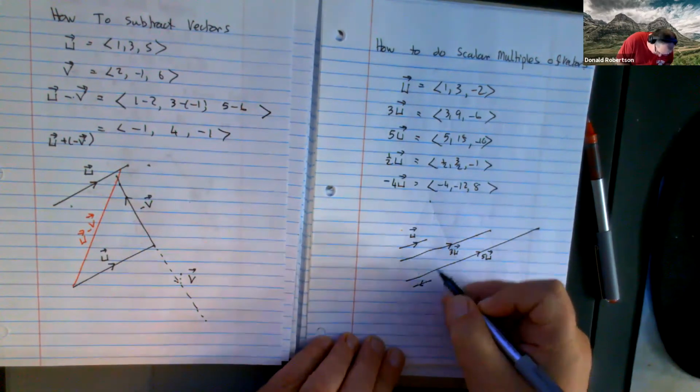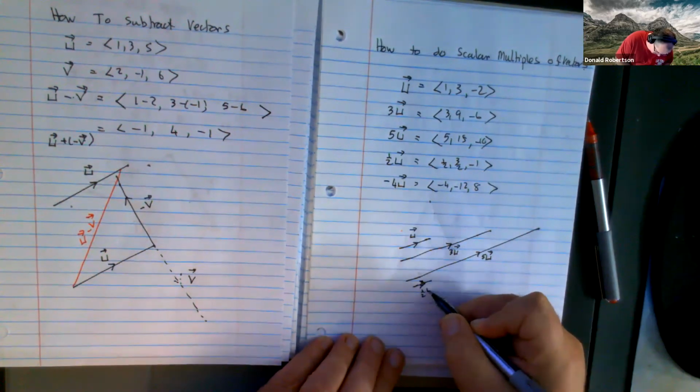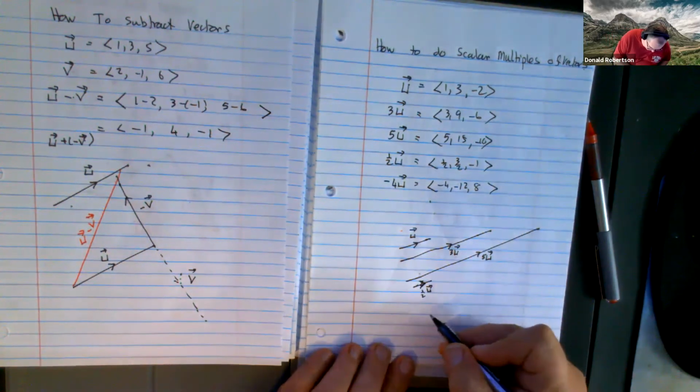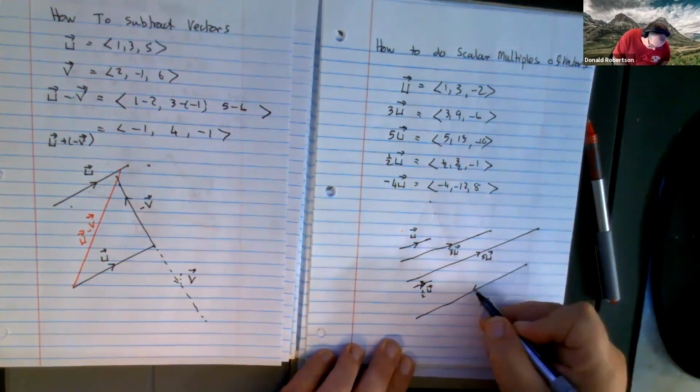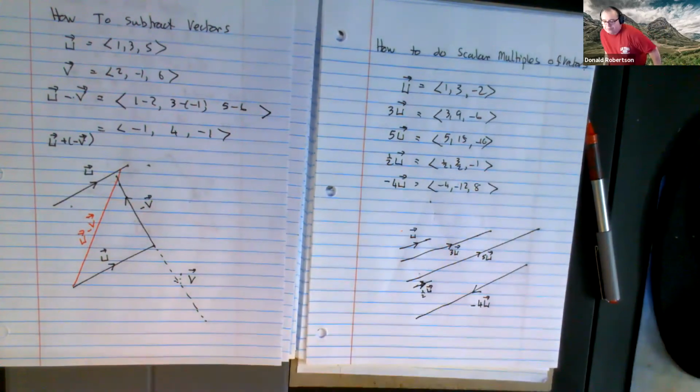Wouldn't a half u just be the same direction, but half as long? But wouldn't negative 4u have one extra difference that none of the others have? Do you notice what extra difference negative 4u has that the other vectors didn't?